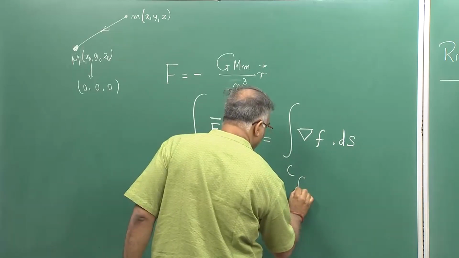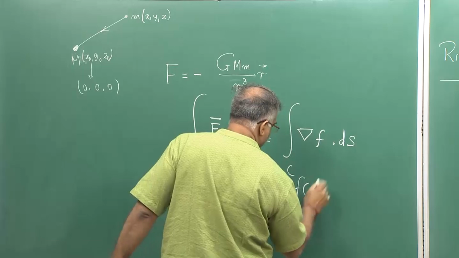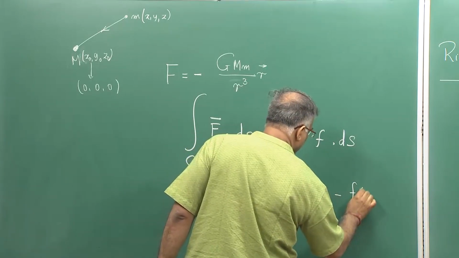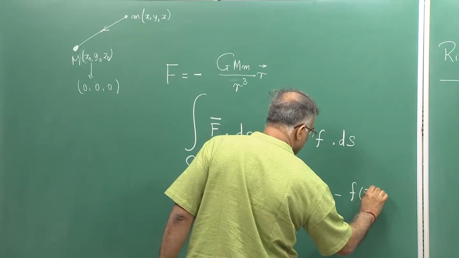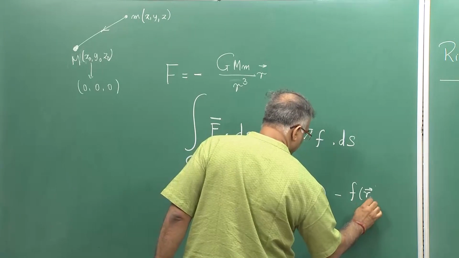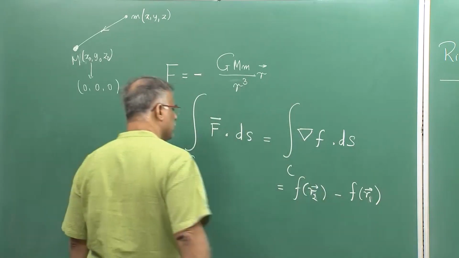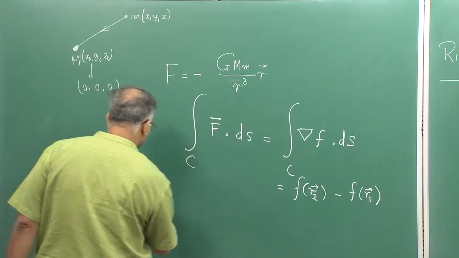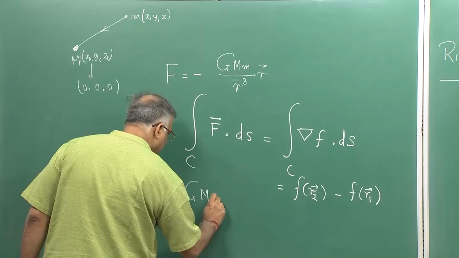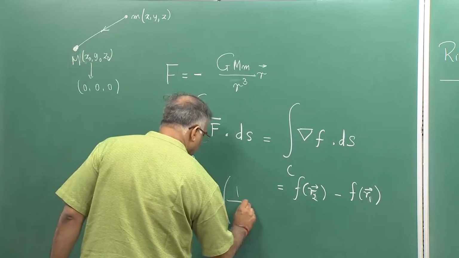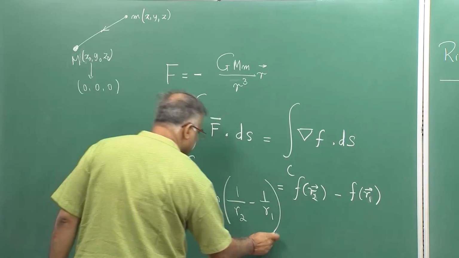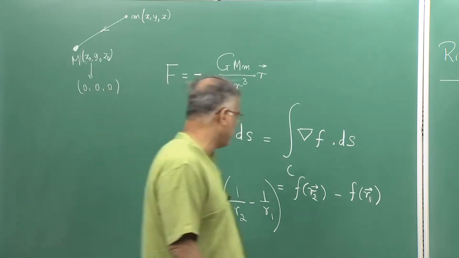So, it is f of r2 minus f of r1, as it went from r1 to r2. So, the work done finally is G m M into 1 by r2 minus 1 by r1. It just depends on the values of the radius vectors, that is all.